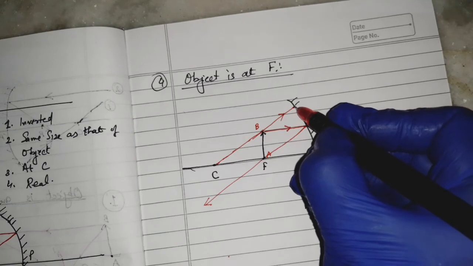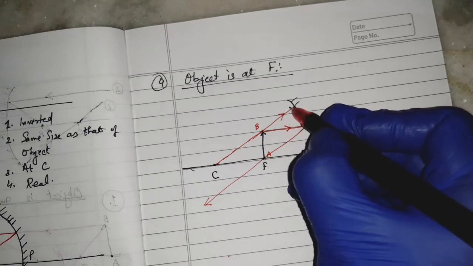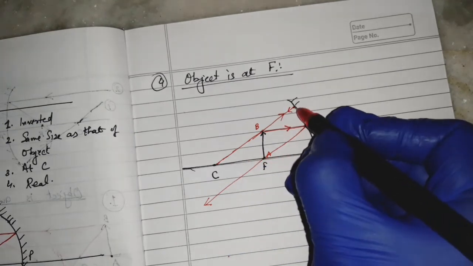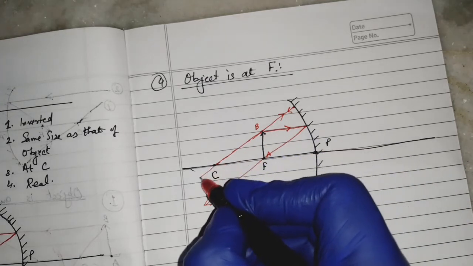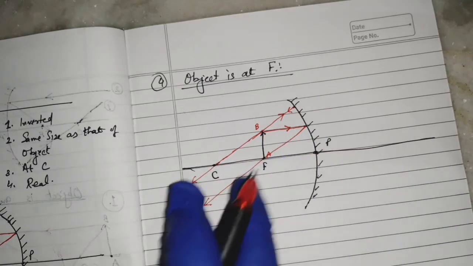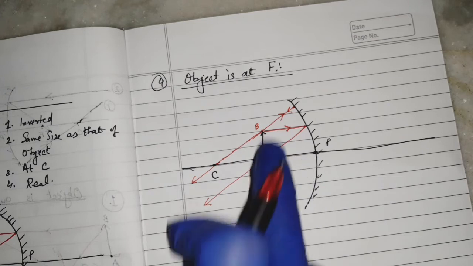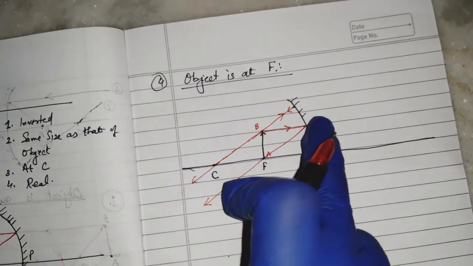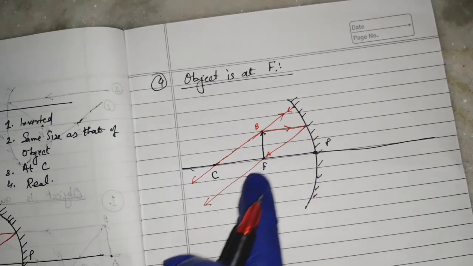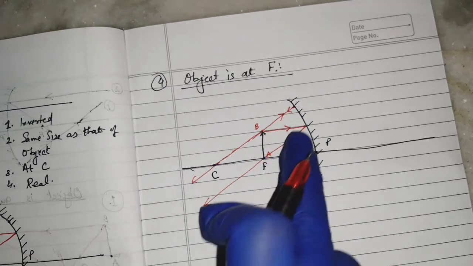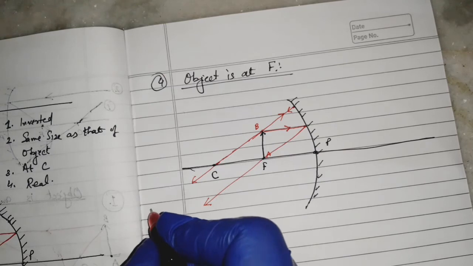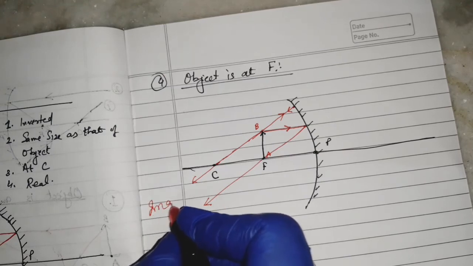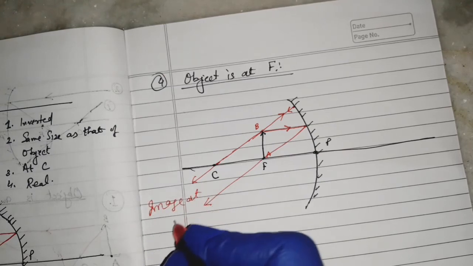After reflection from this point, it retraces its path and goes there. Now you see these 2 rays go parallel, so they never meet, or you can also say they appear to meet at infinity. So the image will be formed, no doubt, but at infinity.